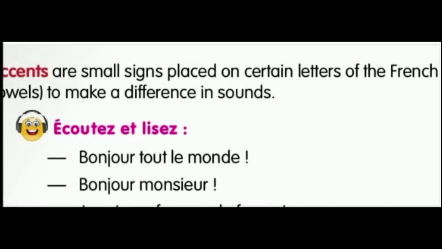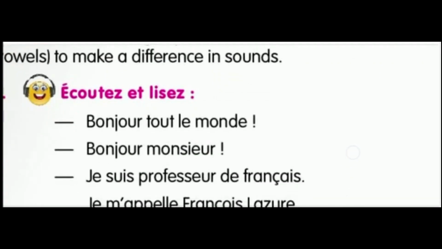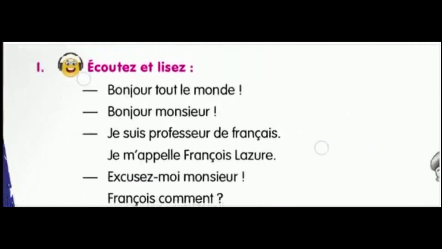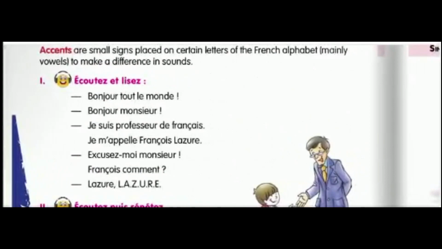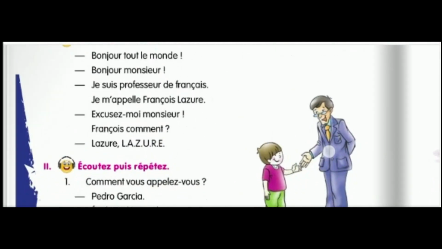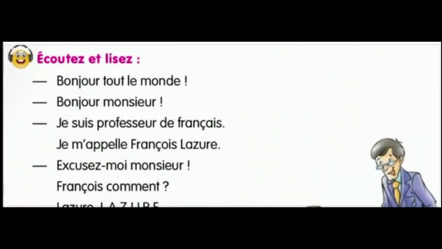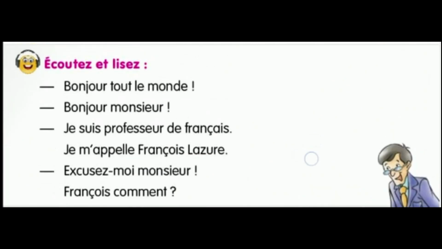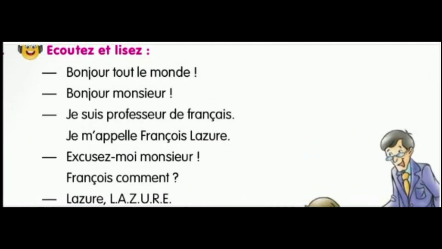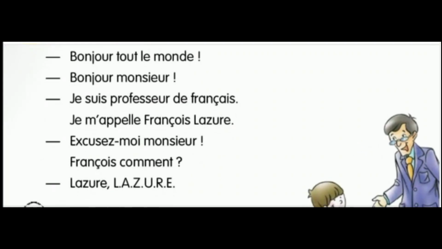Now going on to the next one. Here we have some dialogues. As you remember, in chapter 1 we read about the salutations. Using them, here are the dialogues made. The first one is Bonjour tout le monde. Hello everyone. Bonjour monsieur. Hello sir. Je suis professeur de français. I am the professor of French.